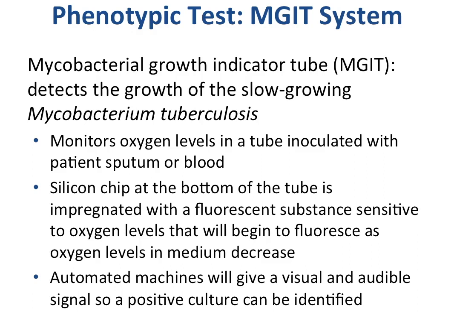Once the oxygen level decreases, it will let the fluorescent indicator release a fluorescent light. So we can use the detector machine to detect the signal change of that tube. With that tube, we can diagnose the tuberculosis.